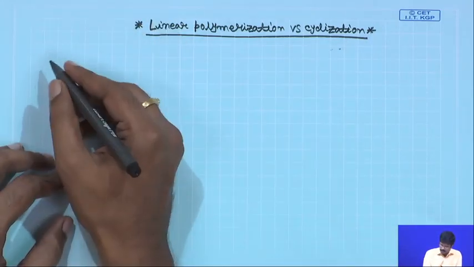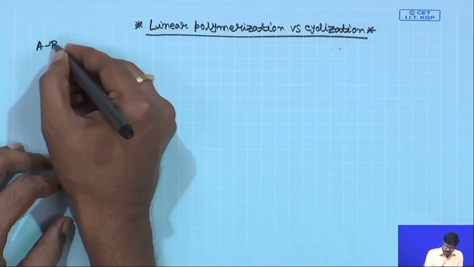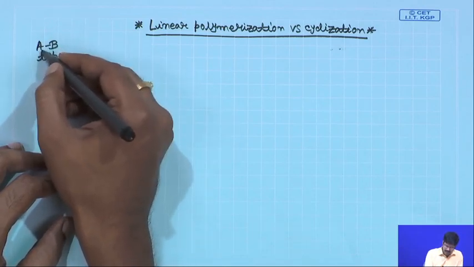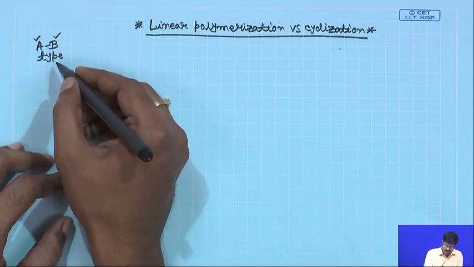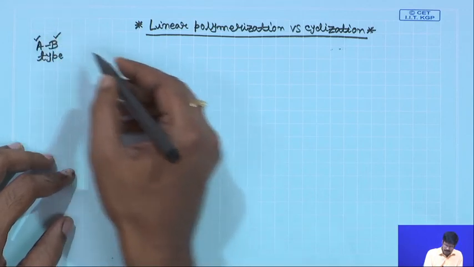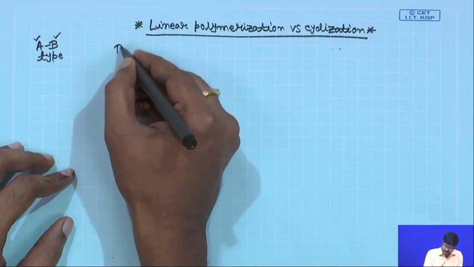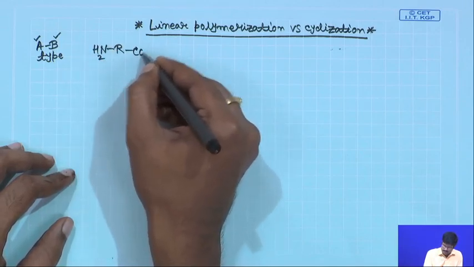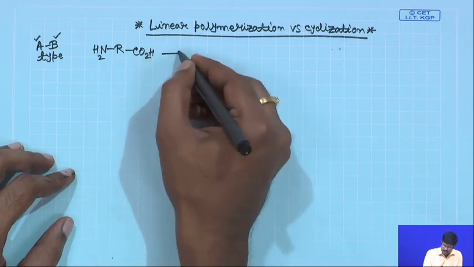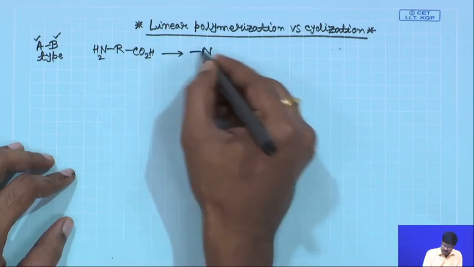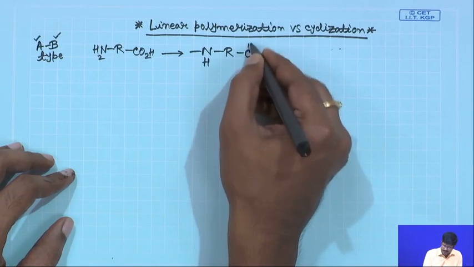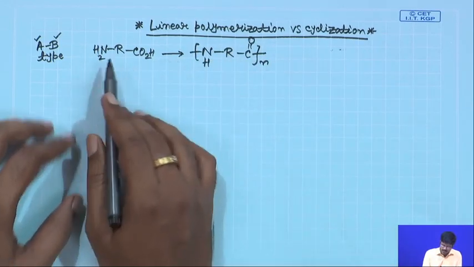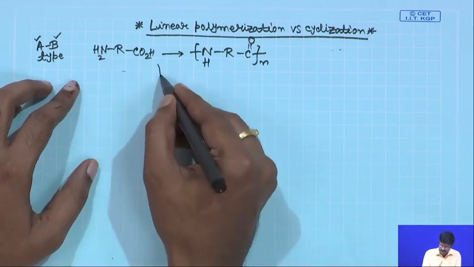Suppose you have an AB type monomer, that means the same monomer has two different functions, say an amino acid as I was telling. So you are looking for a polymer like this. However, there is also a possibility that there could be a ring closure.